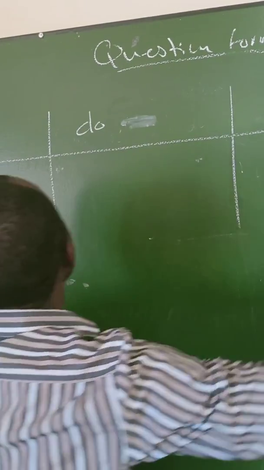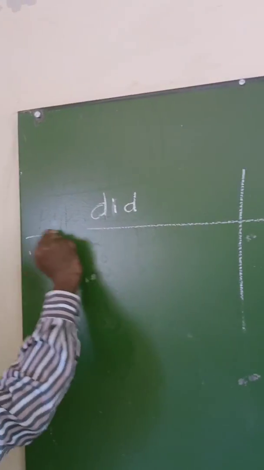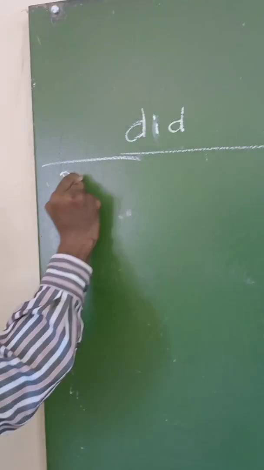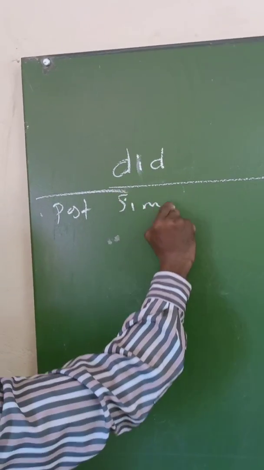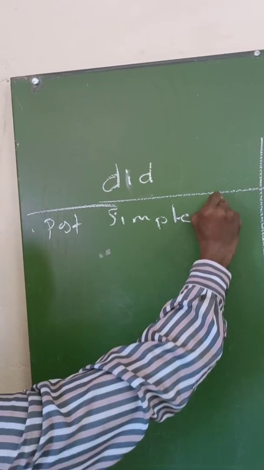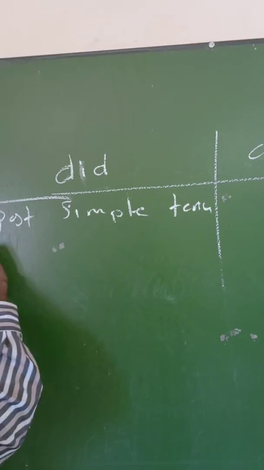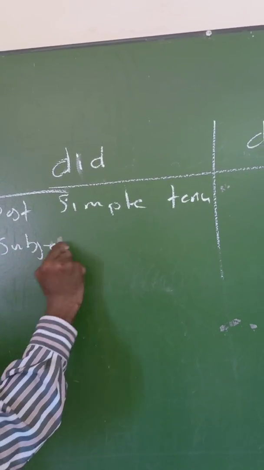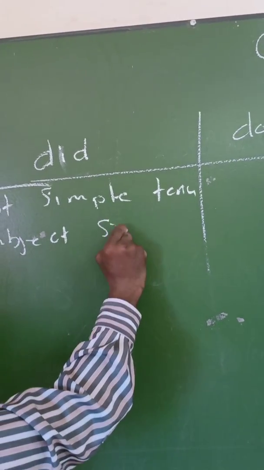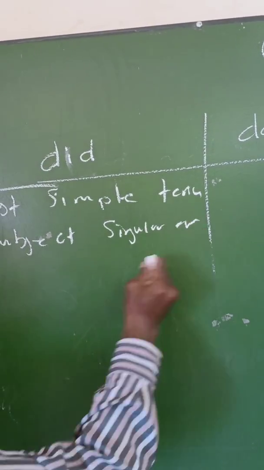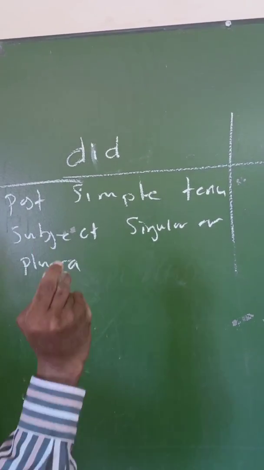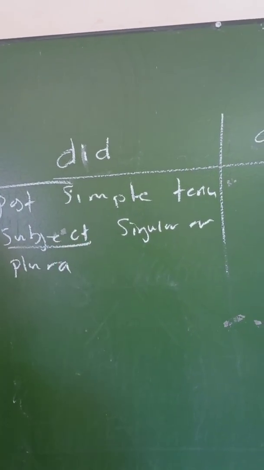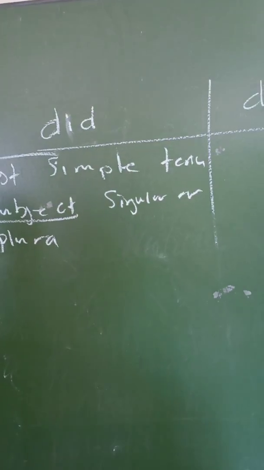Now, when and how do you use did? You use it first if the sentence is in past simple tense, whether the subject is singular or plural. So you need to understand what we mean by the subject. The subject in this case is the doer.